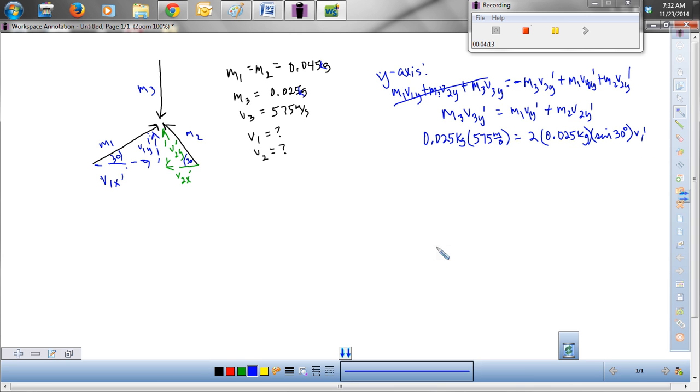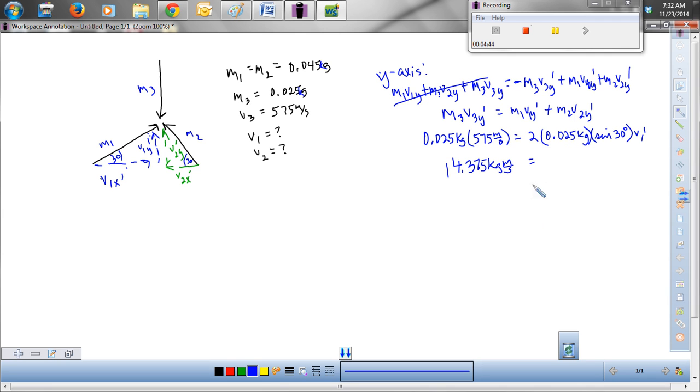So let's see what we have to work with. So 0.025 times 575. Turn on this trusty little iPad and use my calculator. So 0.025 times 575 gives me 14.375 on the left-hand side, kilogram meters per second, equals, well, 2 times 0.025 is 0.05. And I need to multiply that by the sine of 30, which I believe is a half.